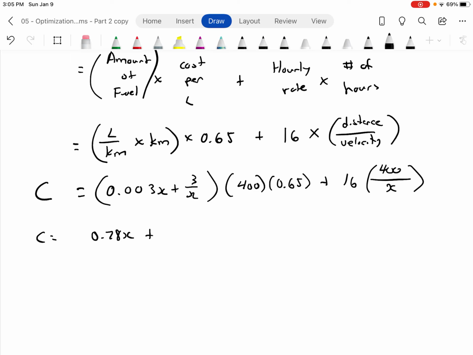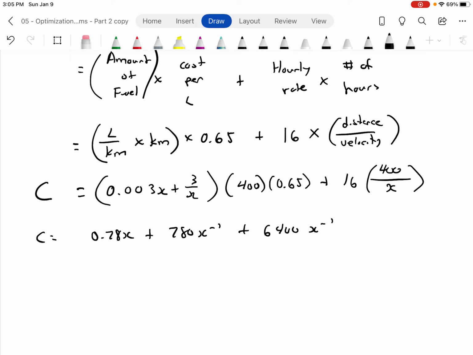And then the other one, 400 times 0.65 times 3 times the x over x, I think you end up with 780x to the negative 1. And then this one over here is 400x to the negative 1.